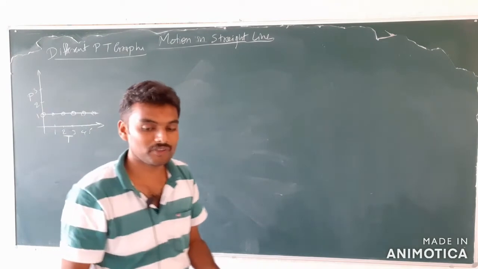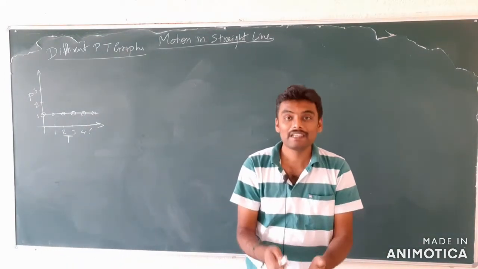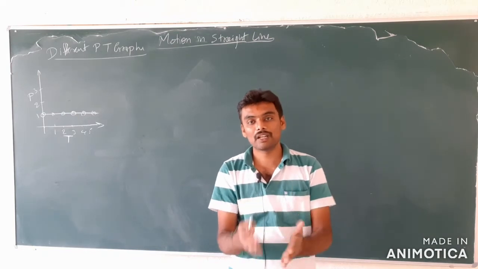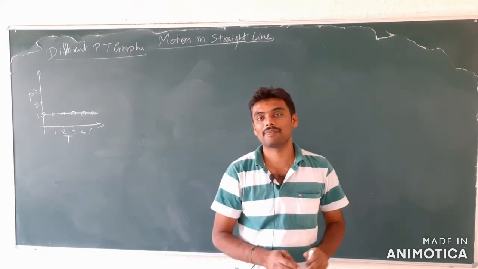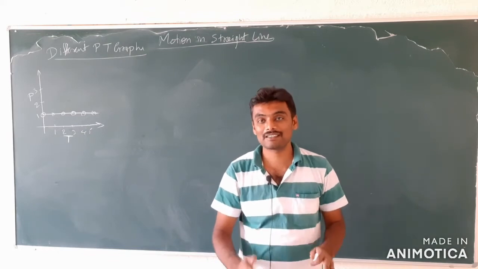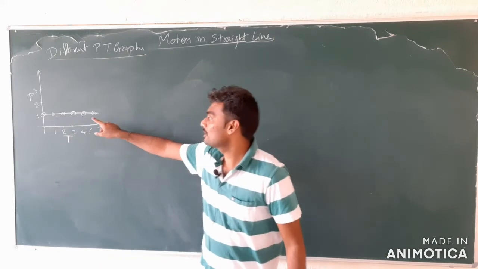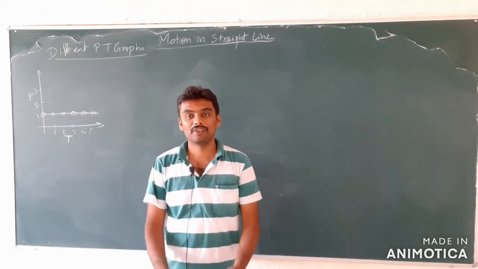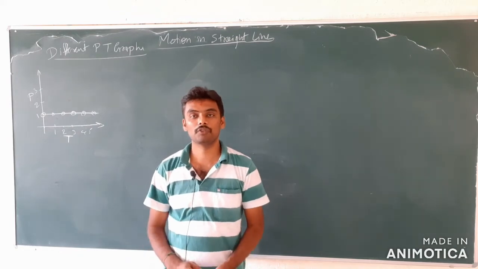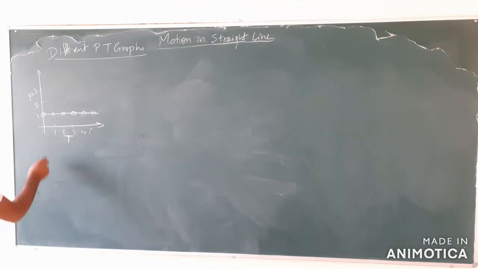Which means when do you expect this kind of situation? When the body is situated at a particular point, when the body is not moving at all, when the body is at rest, then the time will keep on changing, but the position will remain the same. So the body is fixed at a point, it is not moving at all. So this is a graph in which the body is at rest.